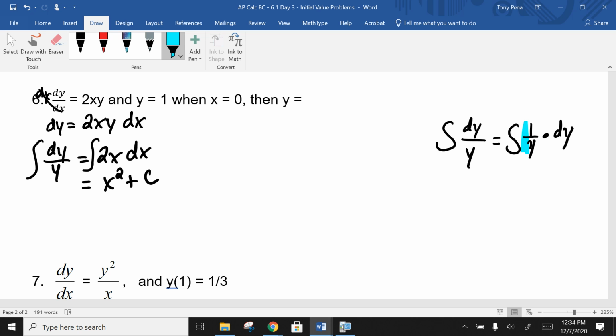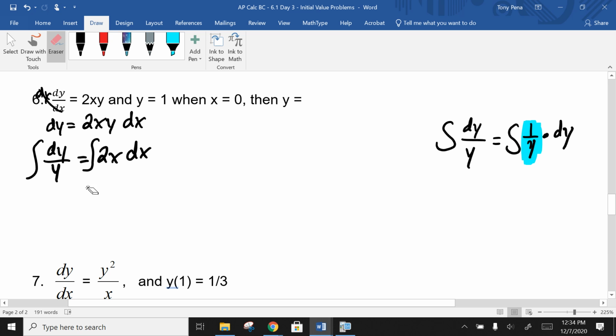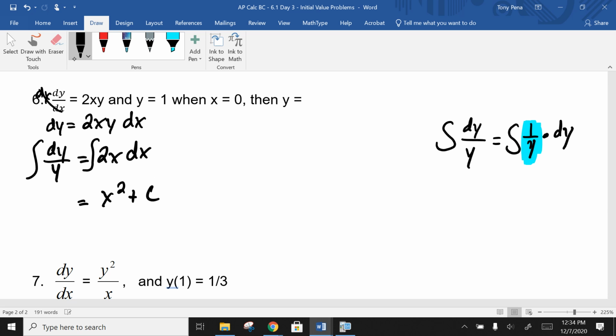Because once it's rewritten, this now better be familiar to us. What have we taken the derivative of to get a 1 over anything? Really, in this case, a 1 over y. Isn't that a natural log? But in this case now, it is of y.